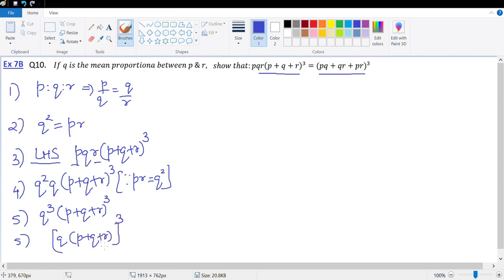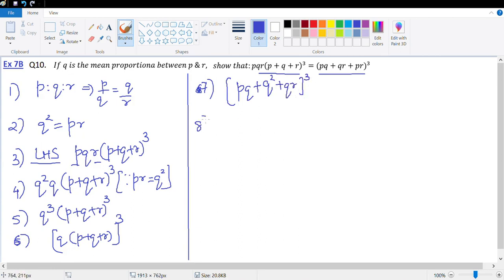Since both have the same power, I can write it as Q multiplied with (P plus Q plus R) to the power 3. Let's look at the next step. So let's multiply them within the bracket. That would be (PQ plus Q square plus QR) raised to the power 3.